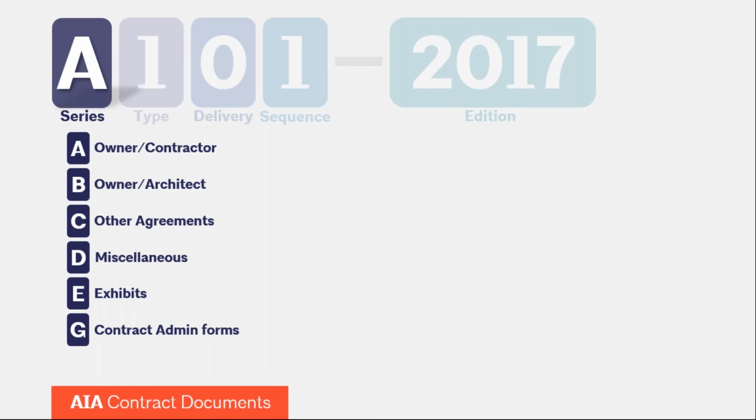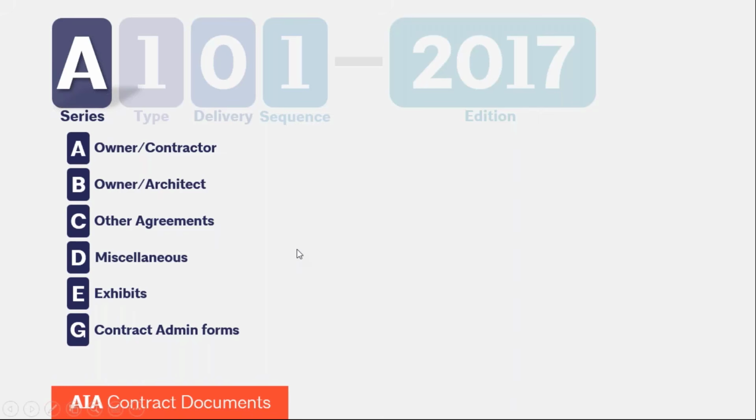B is going to be your owner architect. We have some other agreements, some miscellaneous documents there, exhibits, which we'll go through a little later. And G series documents are your contract administration forms, which we'll also be going through later. So throughout the presentation today, you're going to see all different kinds of alphanumerics here. We're going to cover documents from all different series.